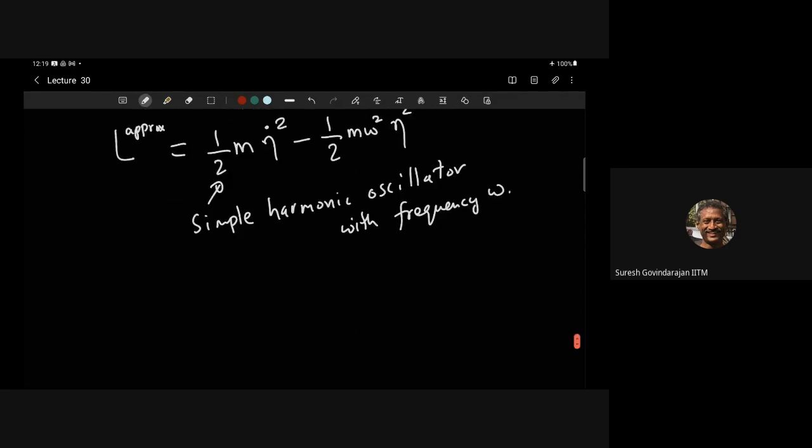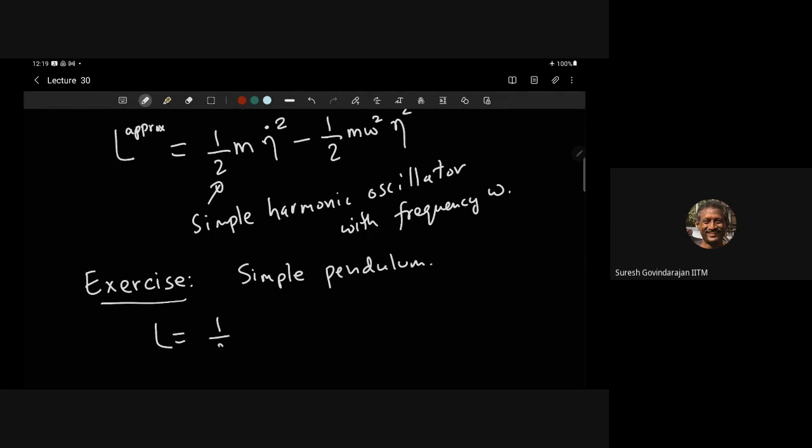Let me give an exercise. It's a simple pendulum. If you remember, L would be something like half m L square theta dot square plus m g L cos theta. Whatever it is, up to some constants. Cos theta is 1 minus theta square over 2. Okay, perfect.